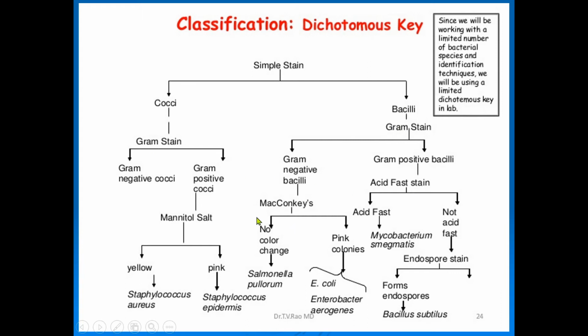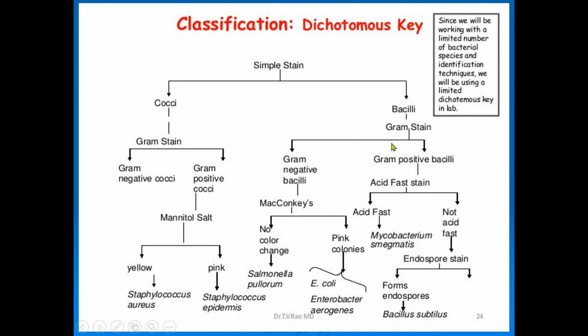If you have Gram negative cocci, then probably it's Neisseria. Whereas if it's Gram positive cocci, then it's probably either Streptococcus or Staphylococcus.